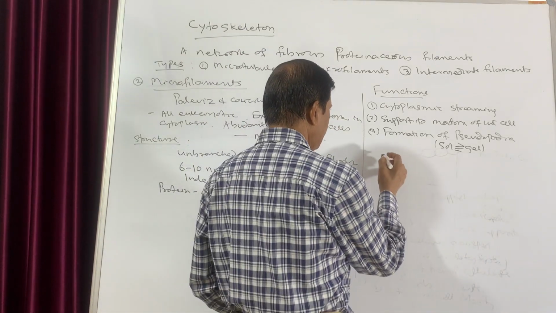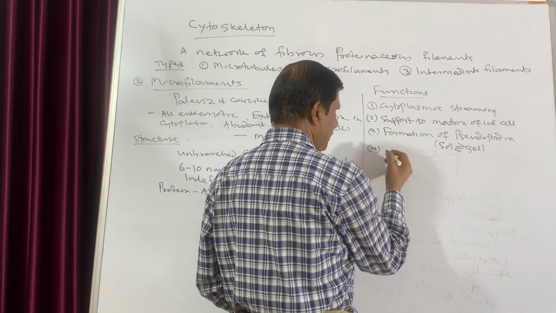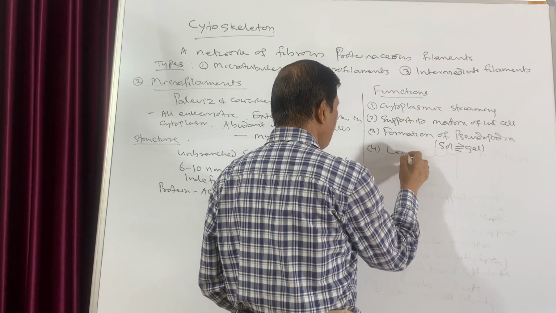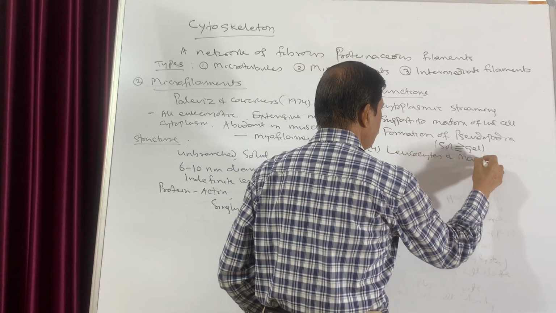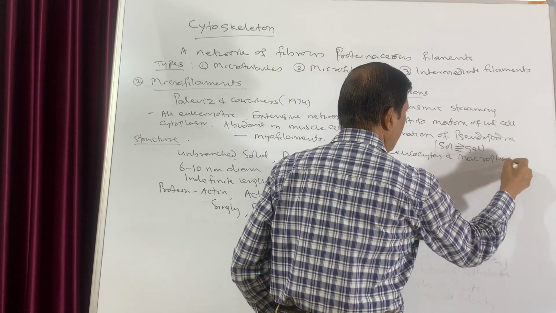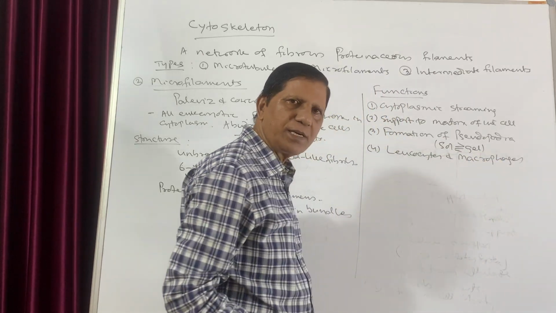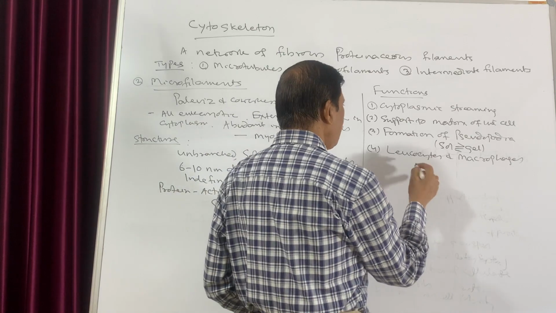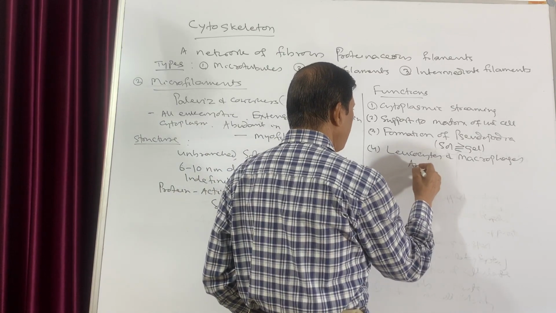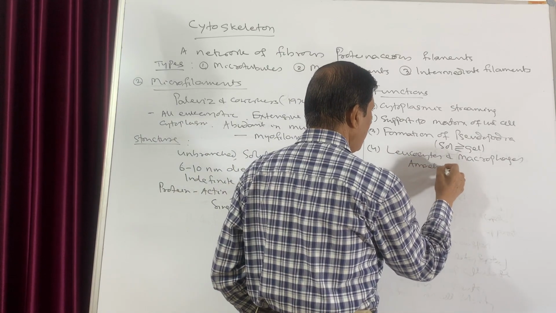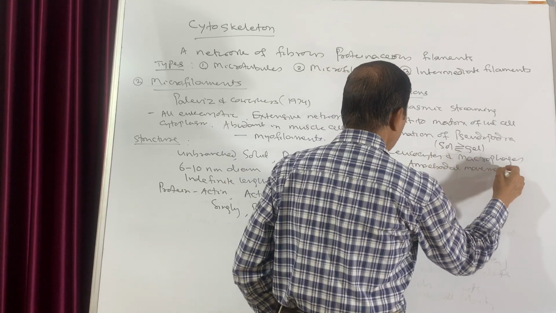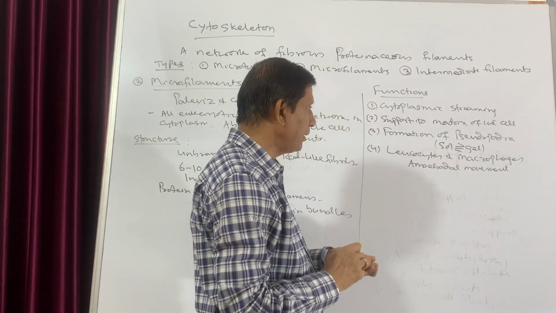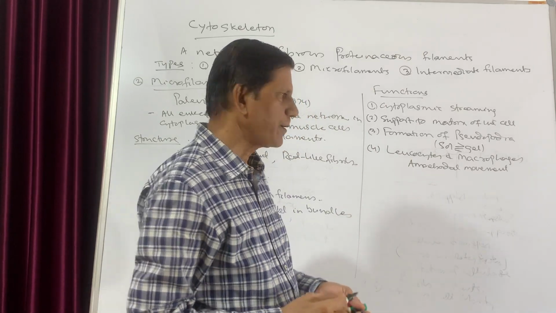Then the next important point is in the case of leukocytes and macrophages. In leukocytes and macrophages you will find amoeboidal movement. Amoeboidal movement is also due to the presence of these microfilaments.